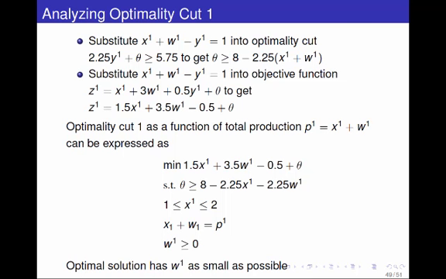Now, given this optimality cut, what's the best way to satisfy the total production here? You have two options of satisfying it, x or w.